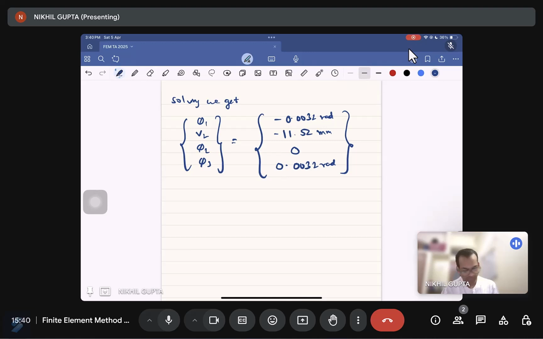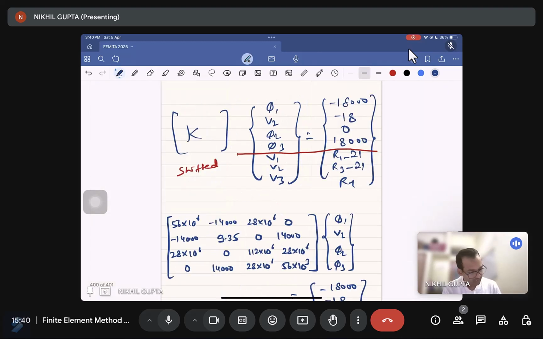Now you have to find the reactions. For finding reaction, you have to use the rest of the equations.